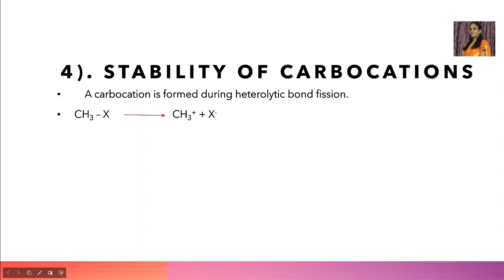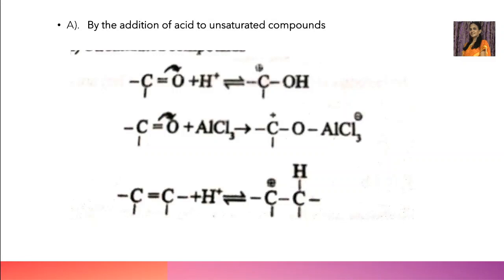So the methyl carbocation is produced here. Generally, how are carbocations produced? The first method is by the addition of acid to unsaturated compounds. When an acid is added to an unsaturated compound, generally carbocations are produced.